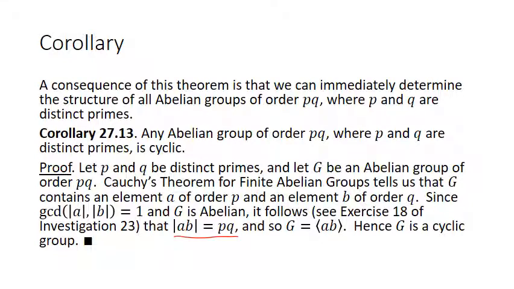So the cyclic group generated by AB would be that entire group, since it is a subgroup of G, and if it's the size of G, then it must be G. So hence G is a cyclic group, and it is generated by AB.